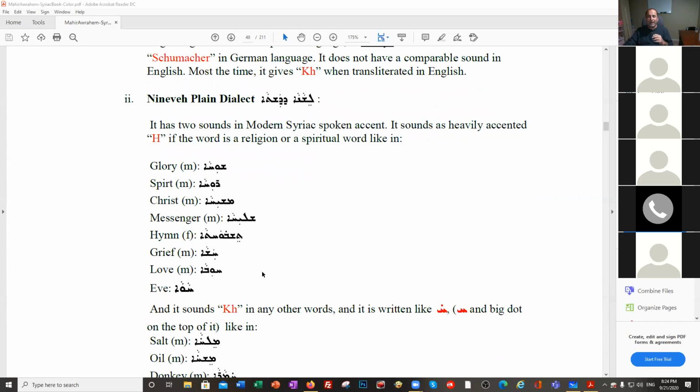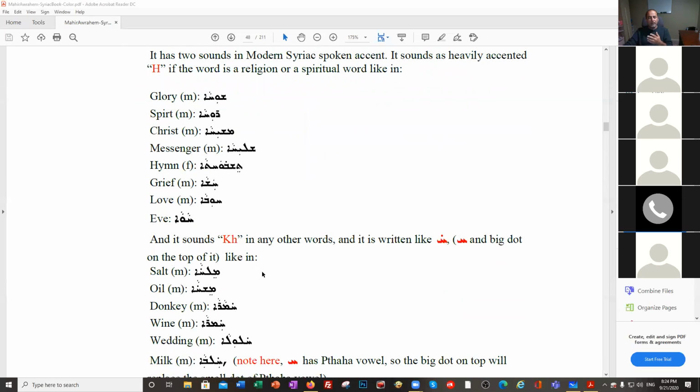I mentioned that we have another sound for it in the spoken modern Syriac language: a ch, like in the mountain accent, and also in the Dashtan Ninwa accent. You may ask, how do I know whether to read it as he or ch? With the ch, there is a big dot above, so the sound will be ch.